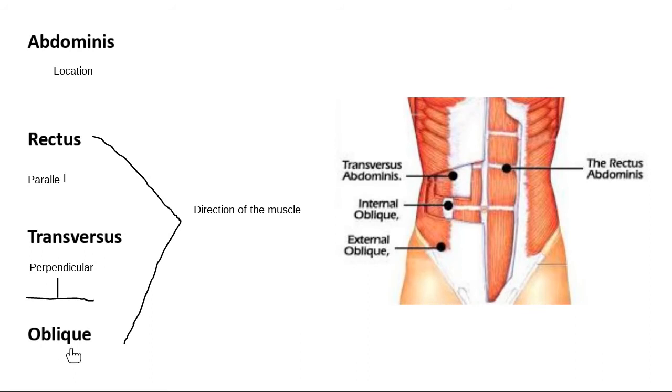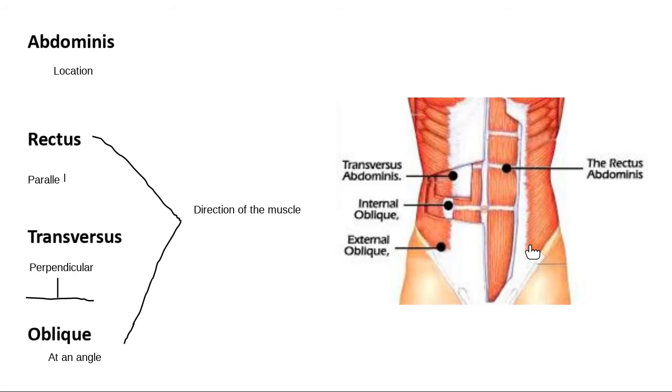My last word in the name is oblique. Oblique just means that we're at an angle. We actually have two different sets of angles that fibers go when we're talking about the abs. Some of my fibers go up and down, or go at this angle, like we see with the external obliques.